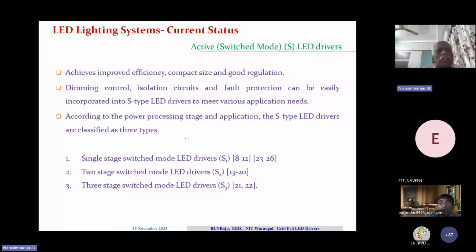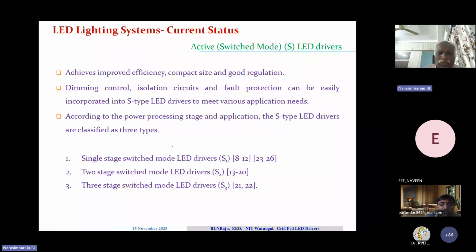So in contrast to those passive drivers, there are active drivers. But again, in these active drivers, as per the literature, various researchers have devised and explored various configurations.